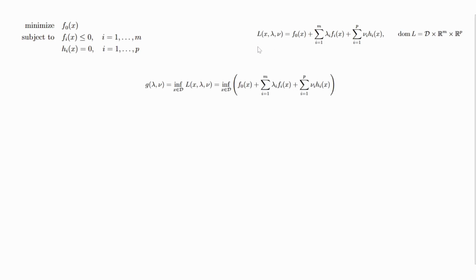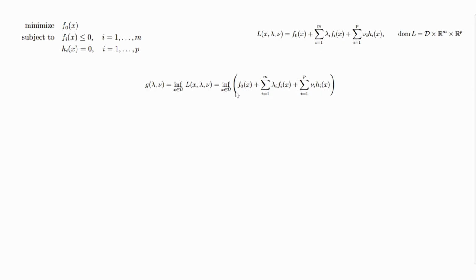If L is the weighted combination of the objective and the constraint functions, then the dual function, defined as g(lambda, v), is simply the infimum of this L function. It looks complicated, but if you don't know real analysis, just think of infimum as the same thing as the minimum.